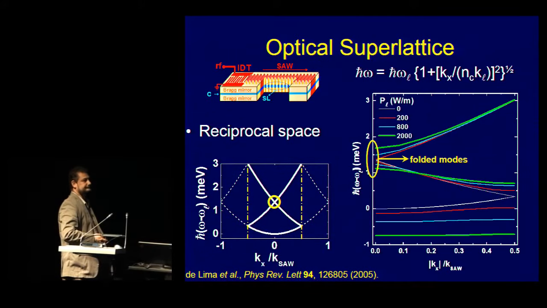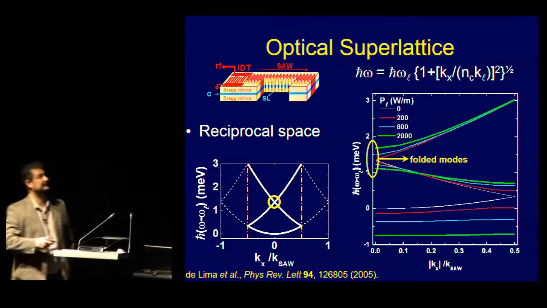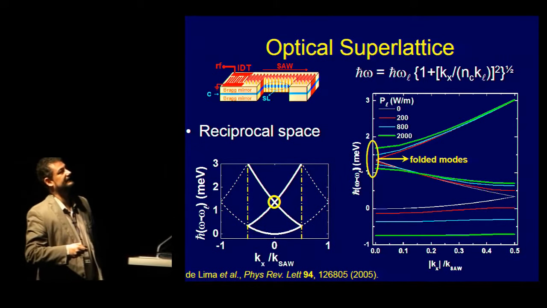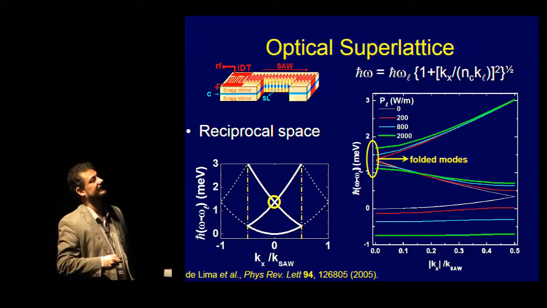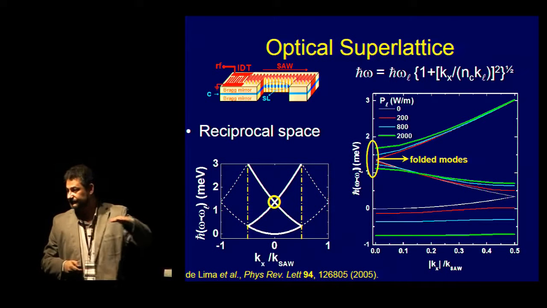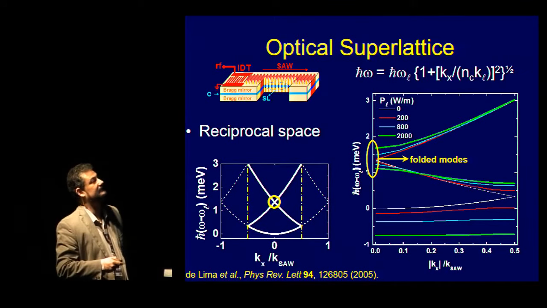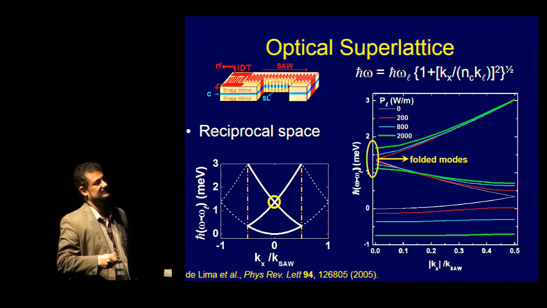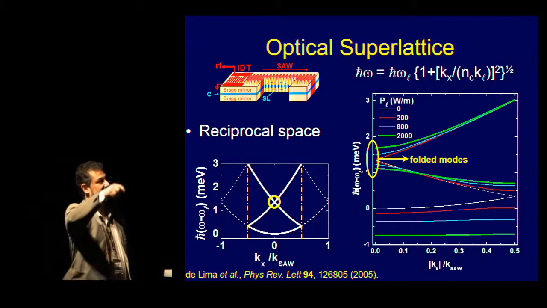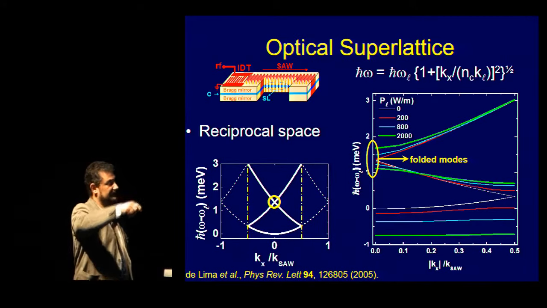I go a little bit fast here, but the idea is that if we probe several periods of the acoustic wave, we add an additional periodicity in the in-plane direction. If you look at the dispersion of this frequency, the resonance frequency is just for light that comes from the top, like this.